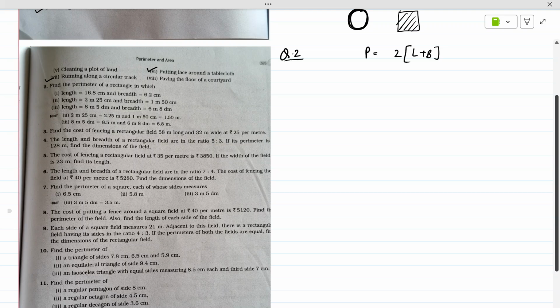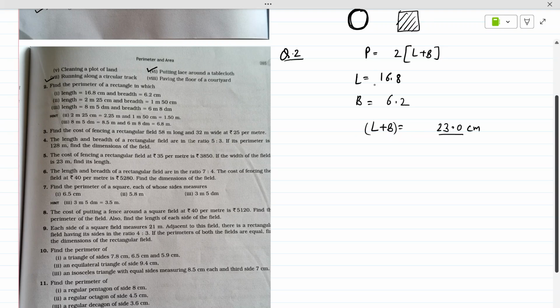So these are the dimensions given to us. L is equal to 16.8 and B is equal to 6.2. First of all, let us find L plus B. Adding these two, it will give 23 centimeters, L plus B.